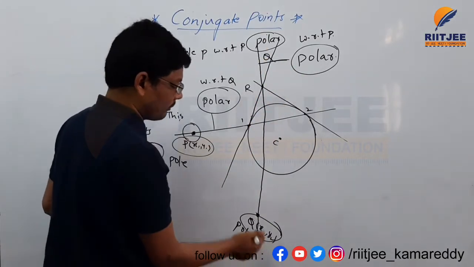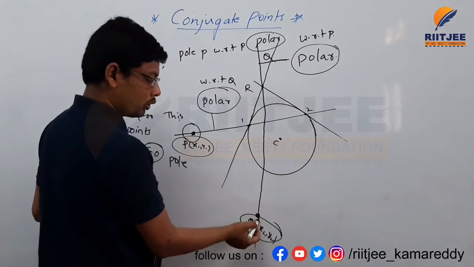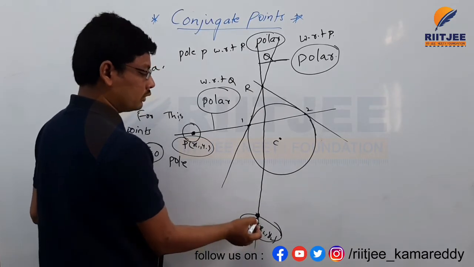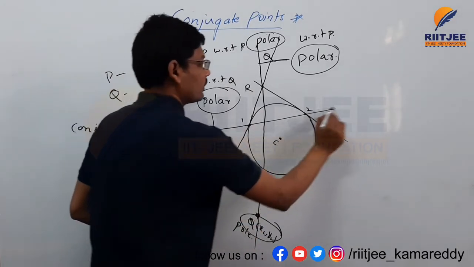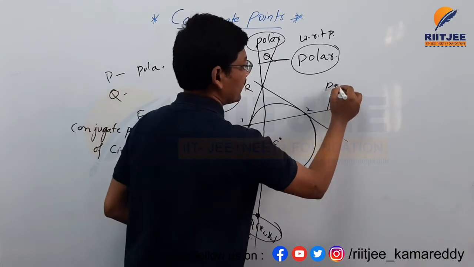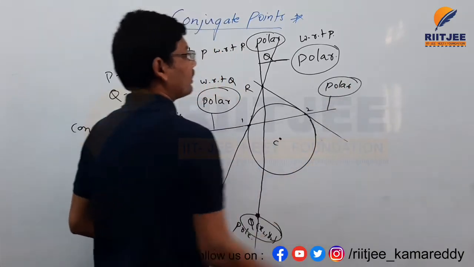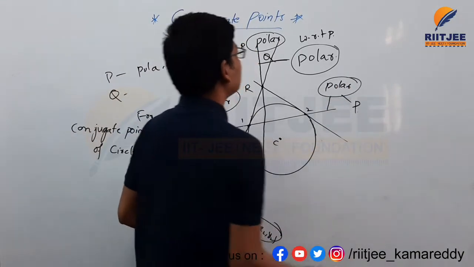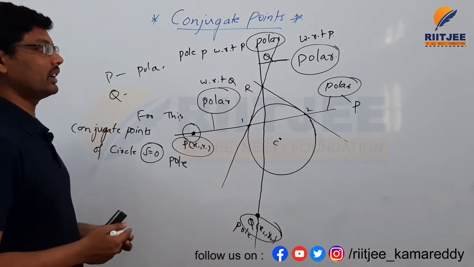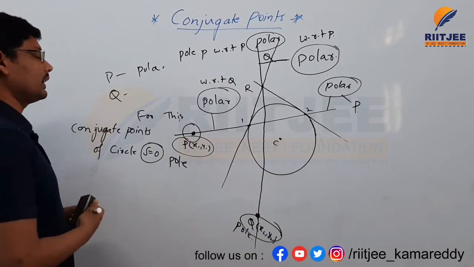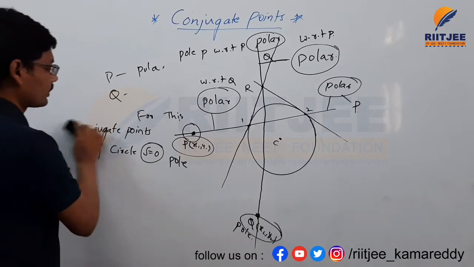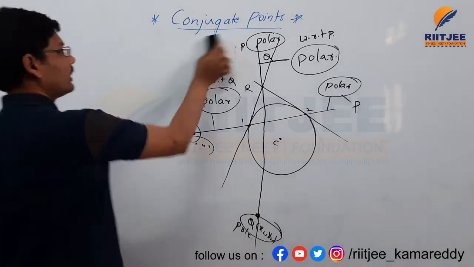And we are taking pole Q here, with respect to this pole we are considering one more polar here. On this polar, we are getting point P here. This is all about conjugate points here, and in that way, similarly, we will discuss conjugate lines.